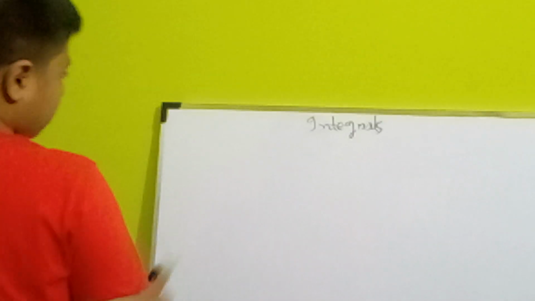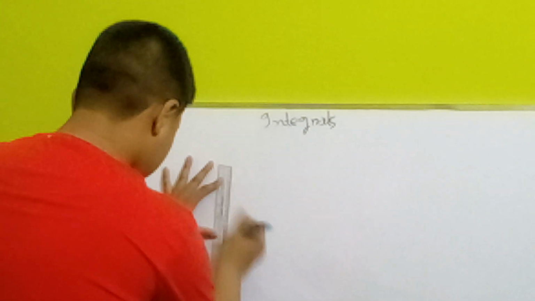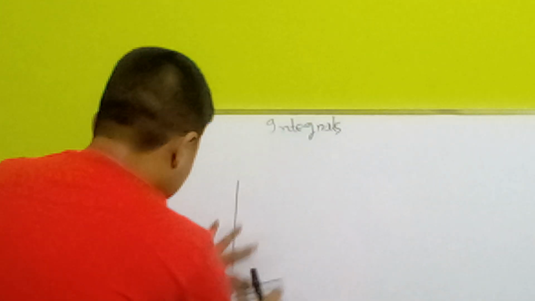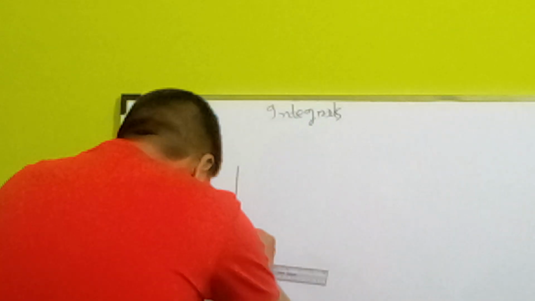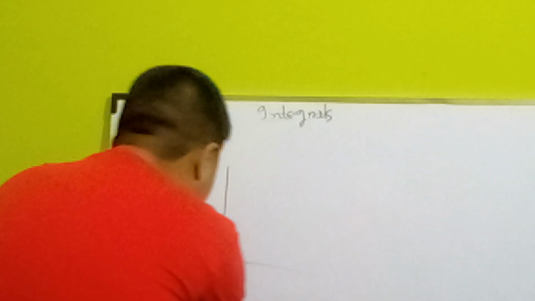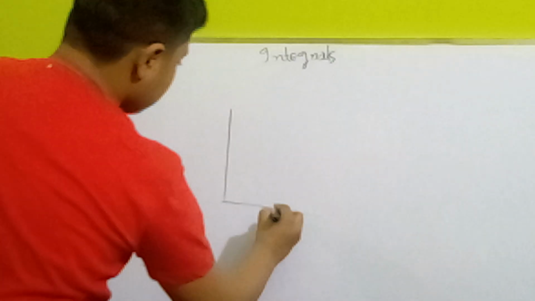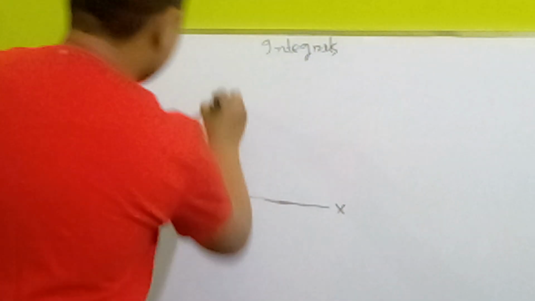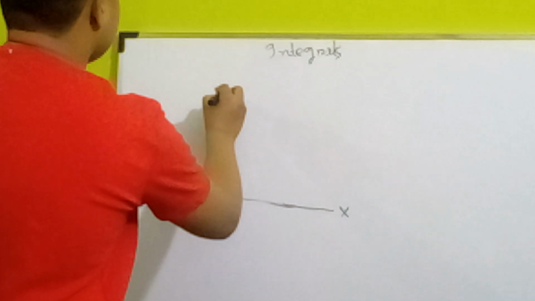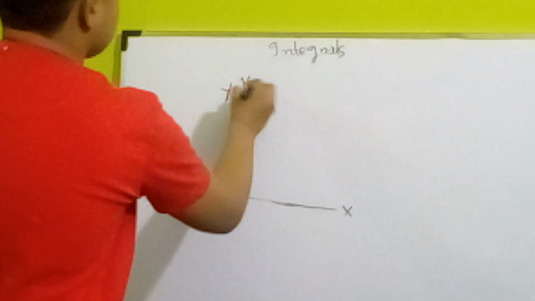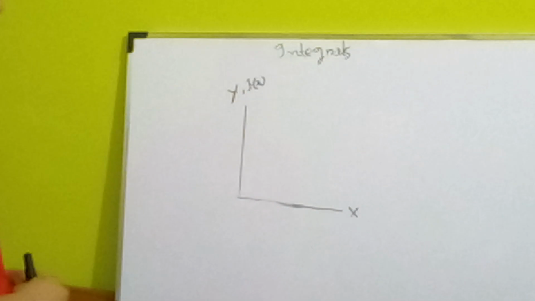So, in the previous video, you saw that we can graph a function like this. This is the input, and this is the output, also written as f of x.